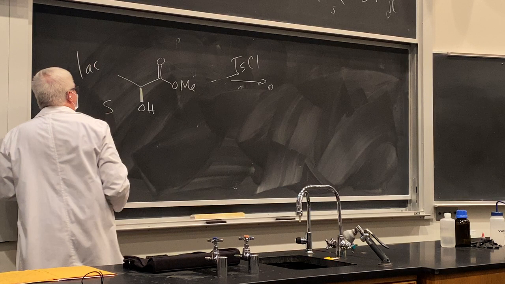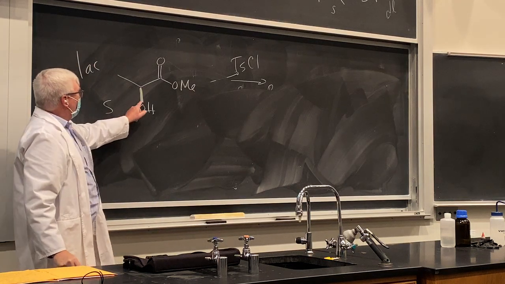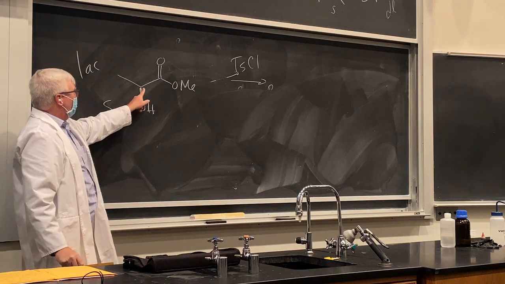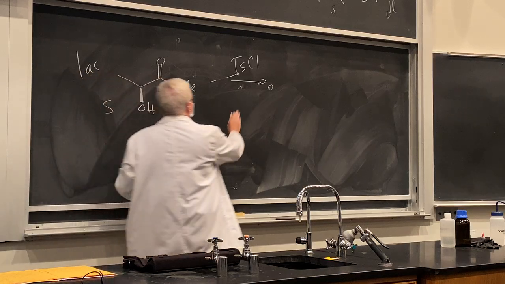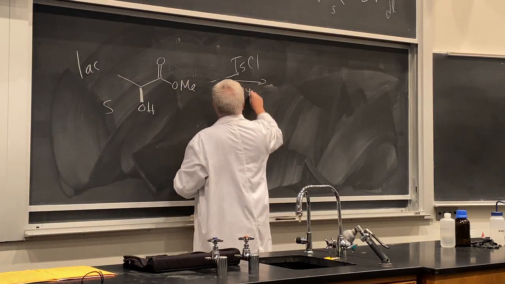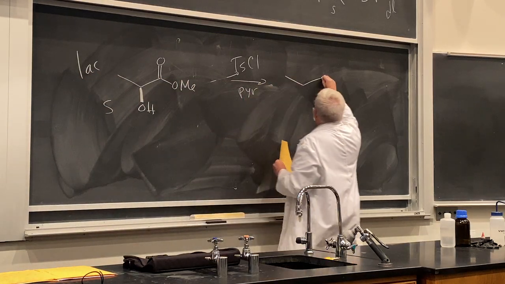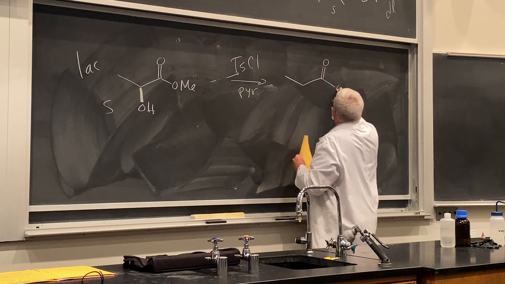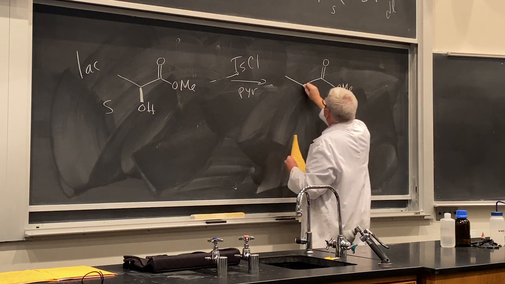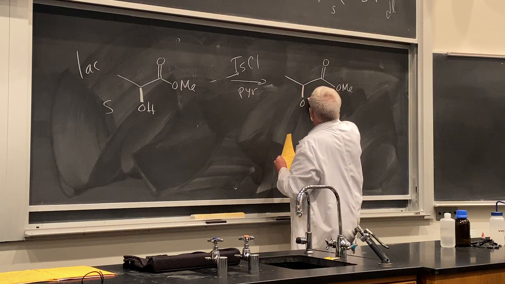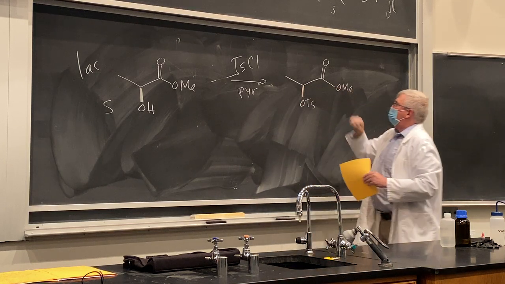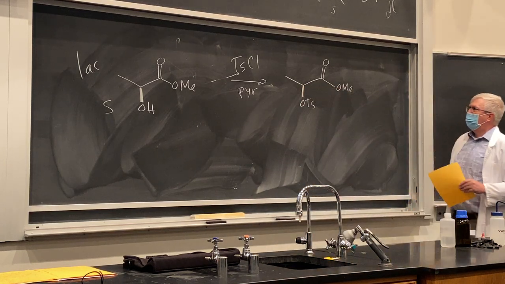So that's methyl lactate. It's got an S stereocenter there. If we treat this first with tosyl chloride and pyridine, we can form the tosyl lactate methyl ester, and we'll still have the same S stereochemistry there.